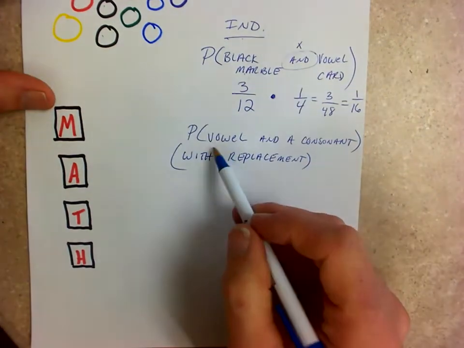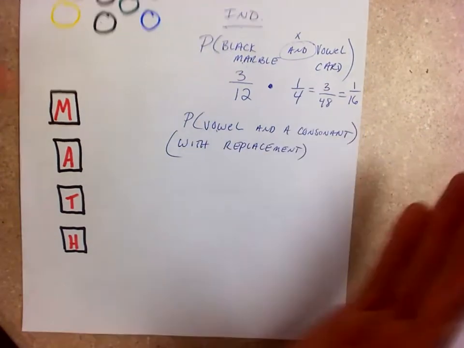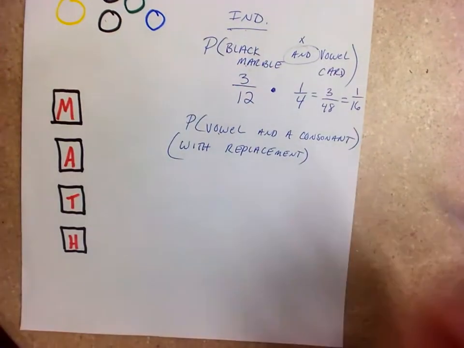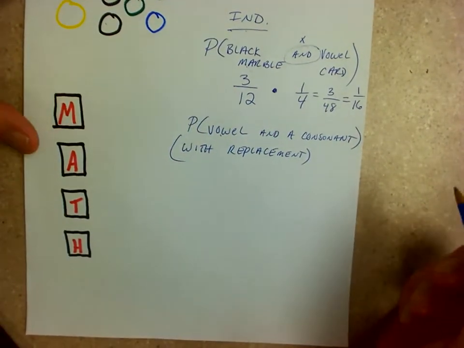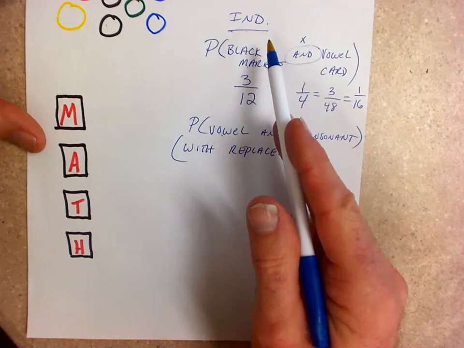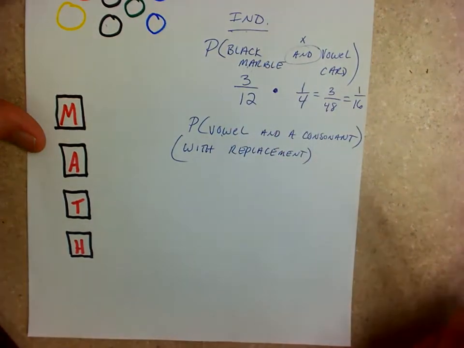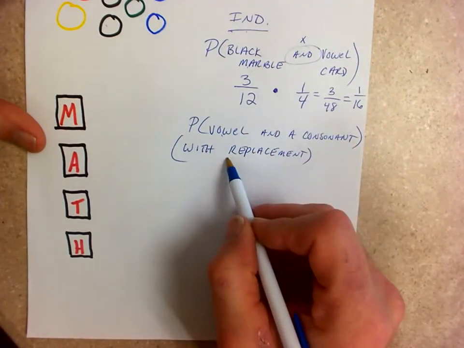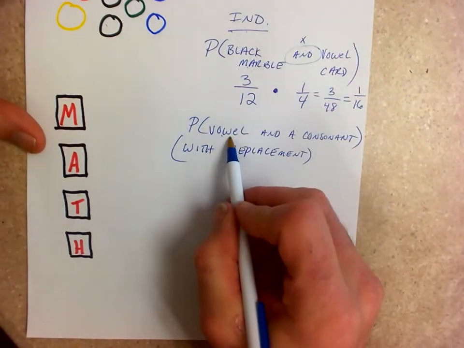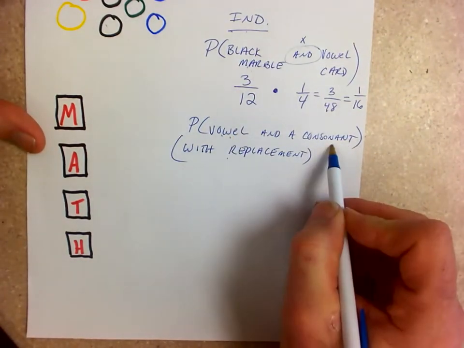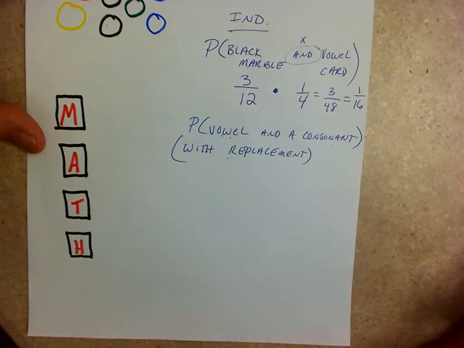Which basically means after I make my first pick, I put all the cards back in the deck, shuffle, and then I repick. And again, these would be independent events, because since we're replacing all the cards, the first pick is going to have no bearing on our second pick.